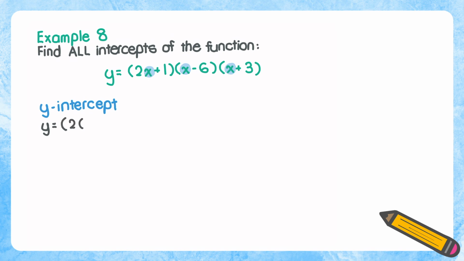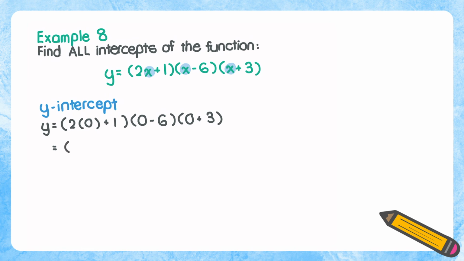2 times 0 plus 1, then also 0 minus 6, and 0 plus 3. Let's simplify what's inside the parentheses.